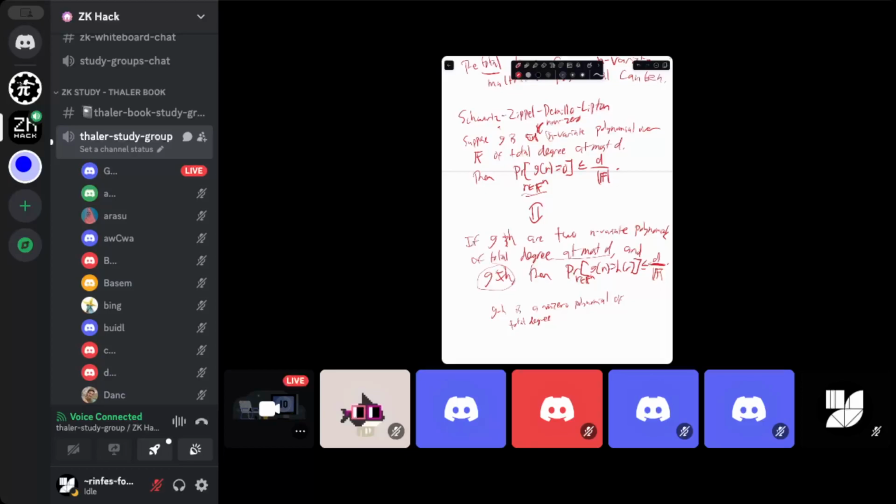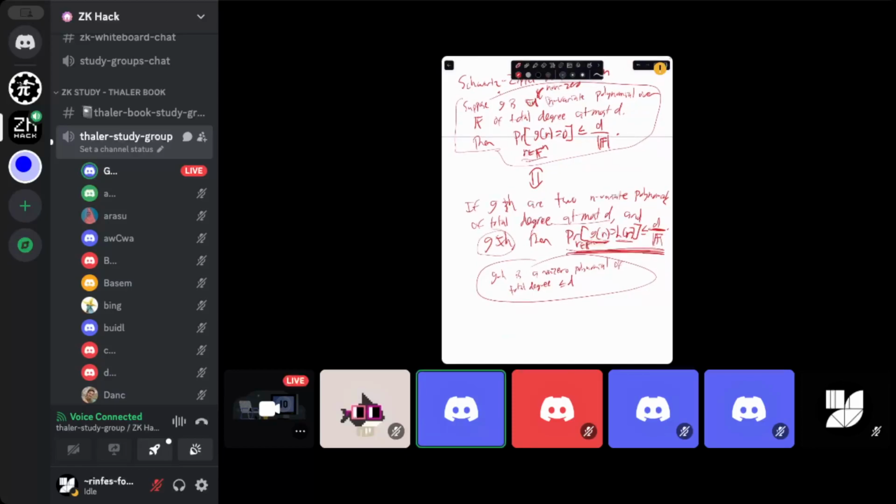So I can apply my first formulation of Schwartz-Zippel and get the conclusion. Their difference is 0 at r if and only if they evaluate to the same thing at r. So talking about the probability two different polynomials agree is the same as talking about the probability a non-zero polynomial spits out 0 at a point.